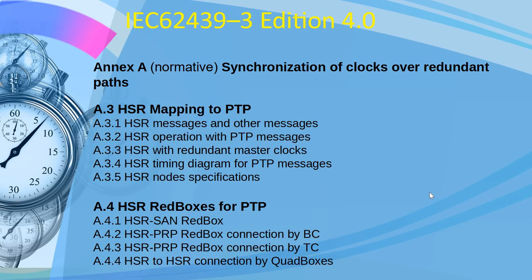And the following chapters are included as well: the HSR mapping to PRP, and the HSR red box for PTP. Define the HSR messages and the PTP messages, and timing diagram, not the specification.